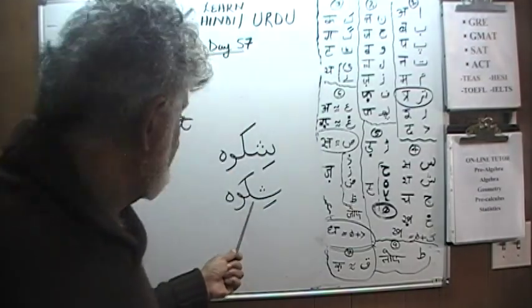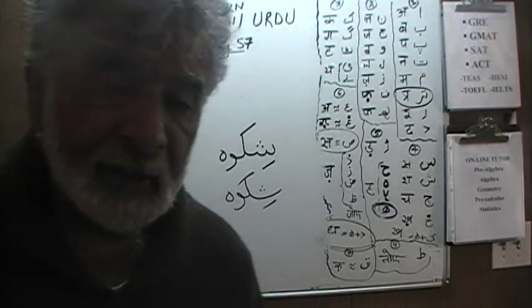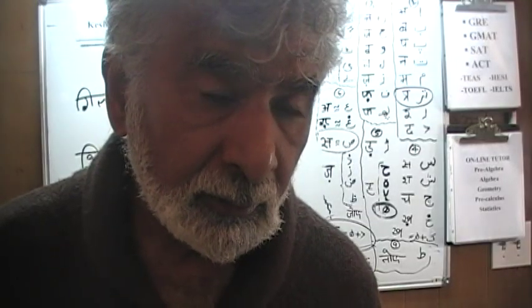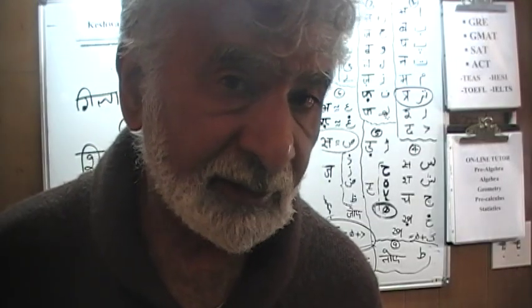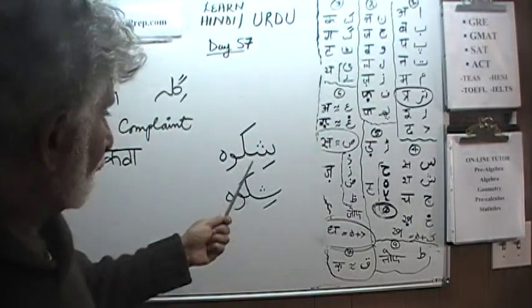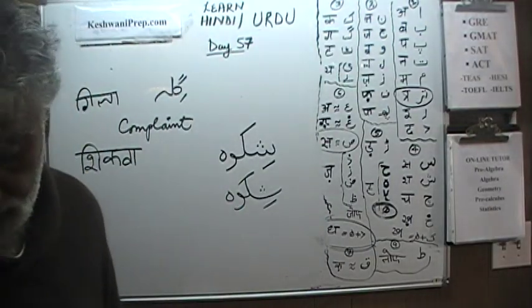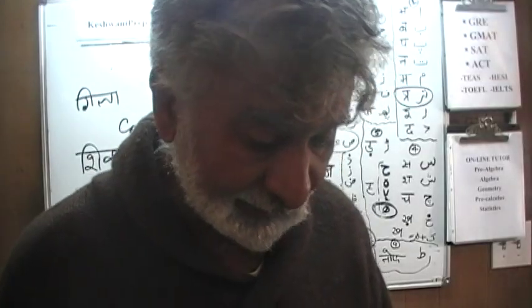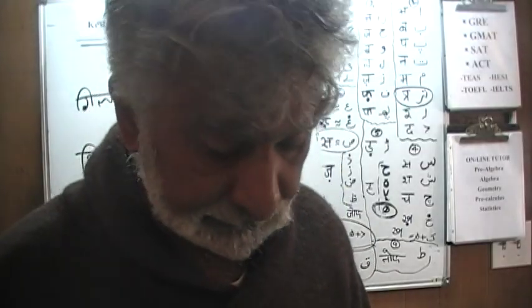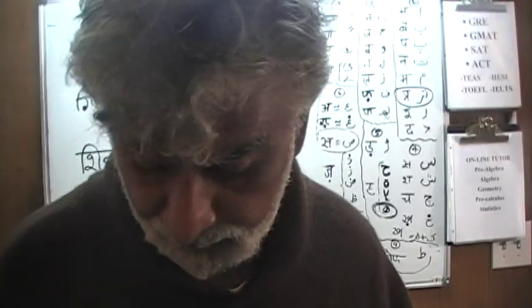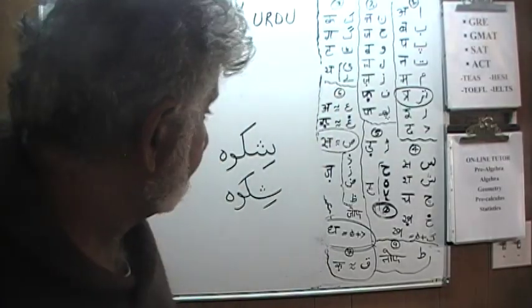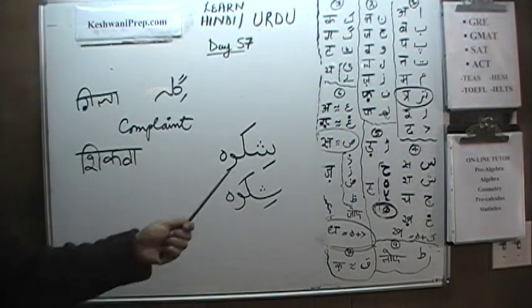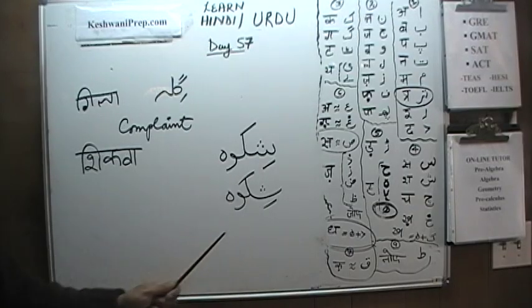First of all, it makes you look very sophisticated, and at the same time it hides the fact that you are lazy. You don't want to make three loops. So if something makes me look sophisticated and hides the fact that I'm lazy, why not? I can't believe I said that word. Let's see what YouTube is going to do with it. So people are lazy. They don't want to take time to make three loops. That's how I write shikwa.